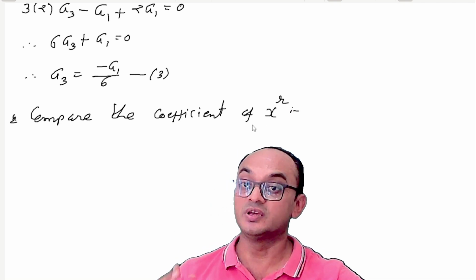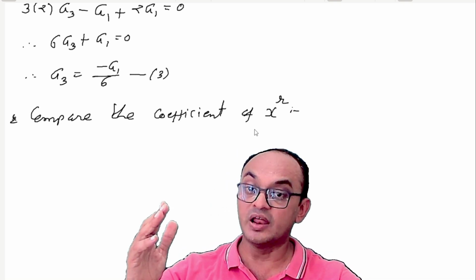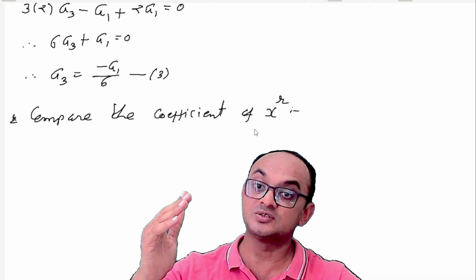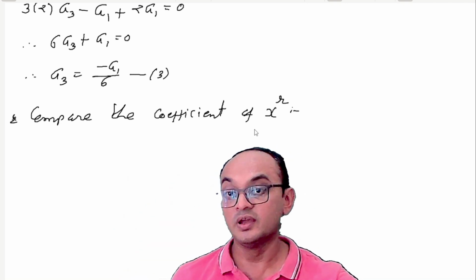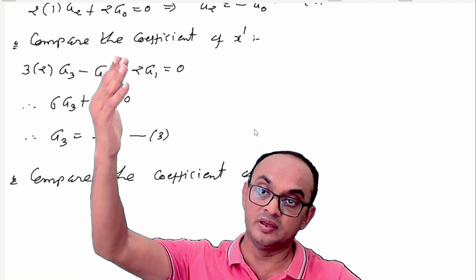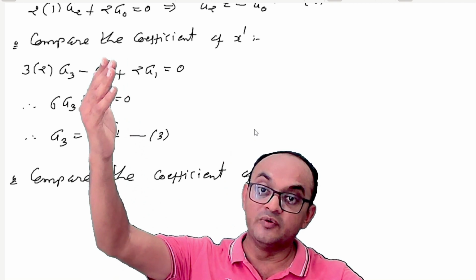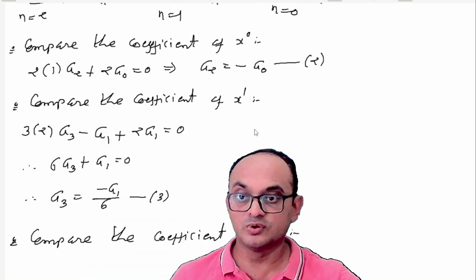This will be helpful for x square, x cube, x raised to 4, x raised to 5, and so on. And whether it is valid for x raised to 1 or x raised to 0, that also we shall discuss.